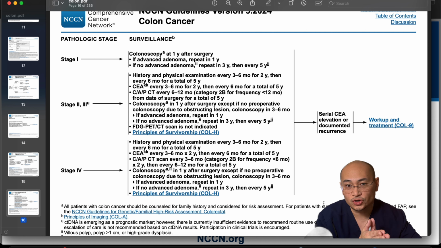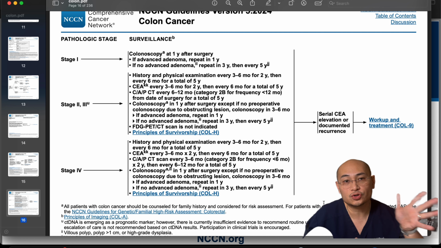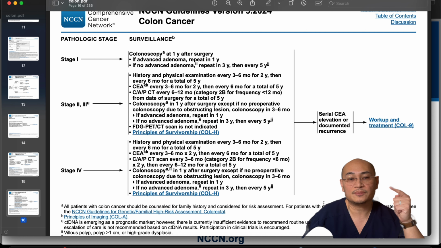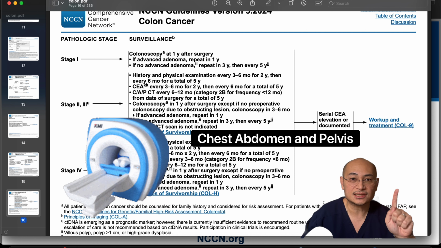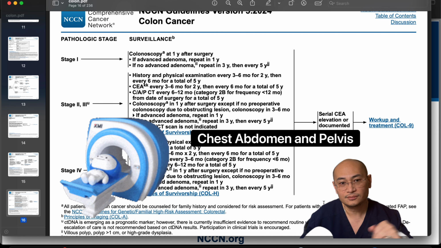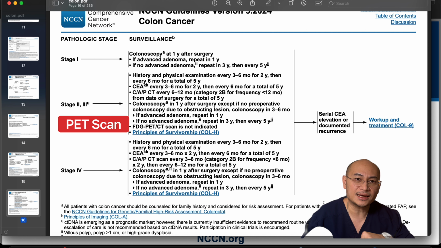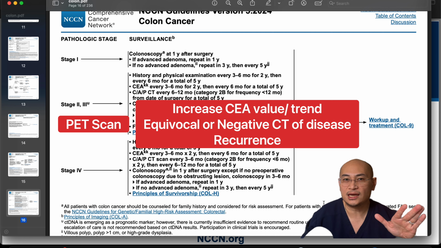Other things to consider would be imaging to make sure you don't have any disease recurrence, and that involves your CAT scan of your chest, abdomen, and pelvis. When do we use a PET scan? Well, a PET scan is something that you do consider if you have an increase in your CEA, but you have a negative CT, and now you're worried about disease recurrence.